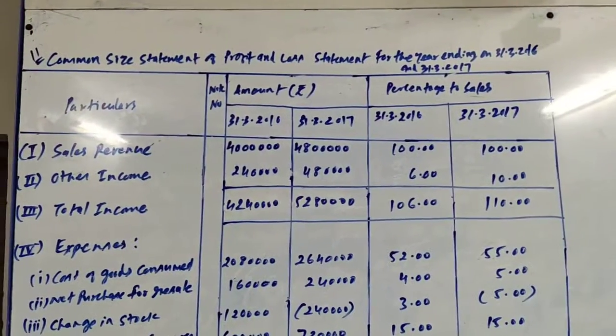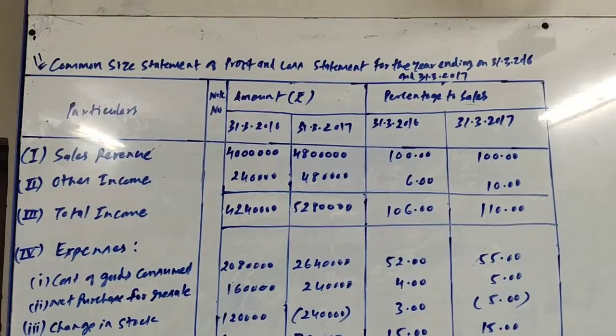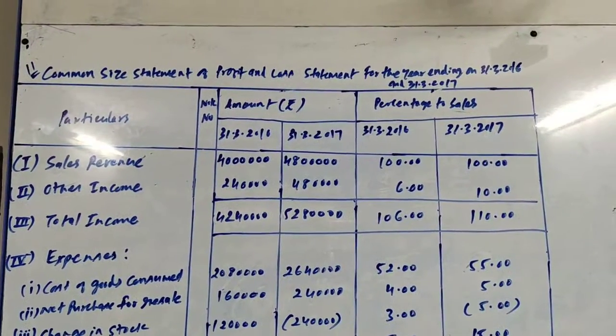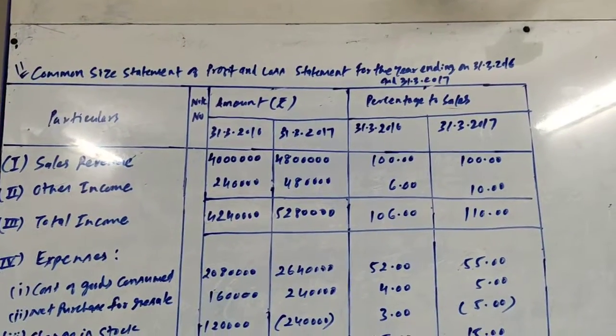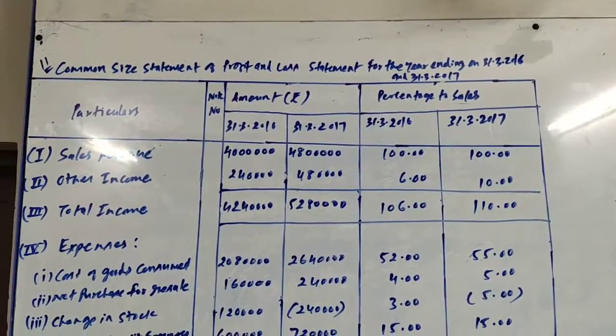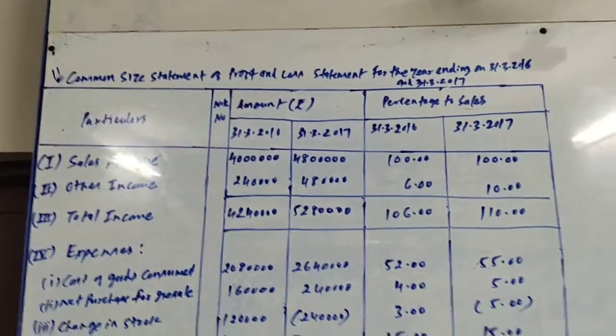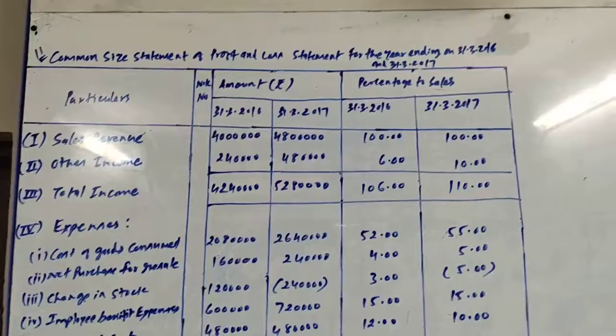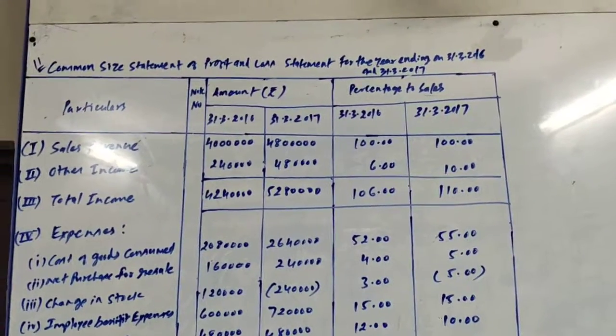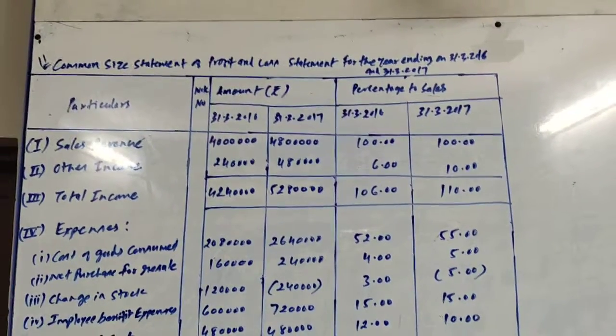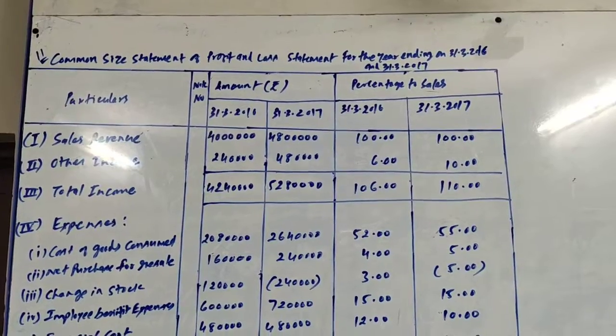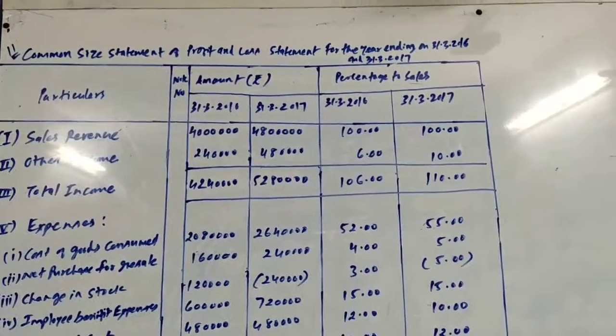This is the common size statement of profit and loss for the year ending on 31/3/2016 and 31/3/2017. As usual, there will be columns for particulars and note number, and then 2 columns for amount, one for the previous year and one for the current year.